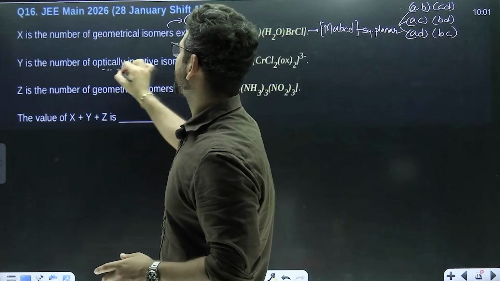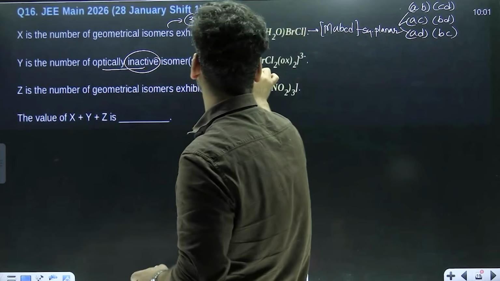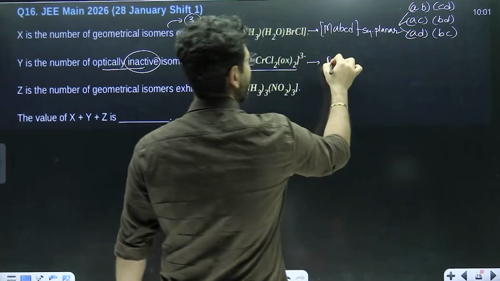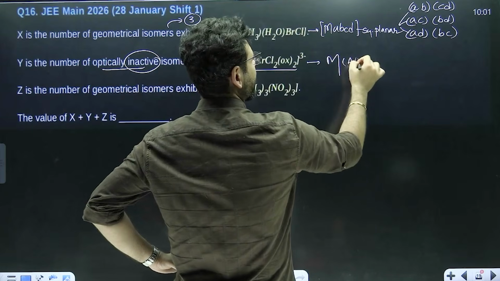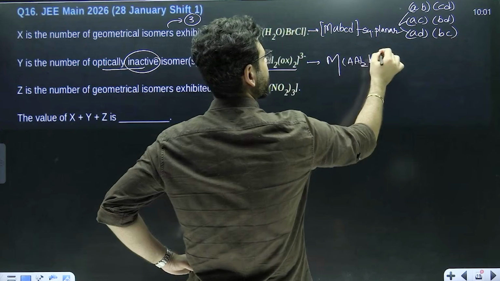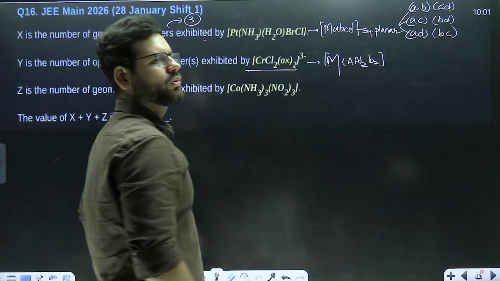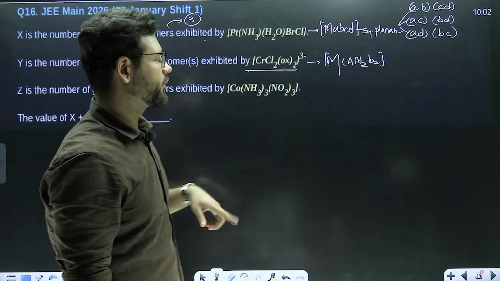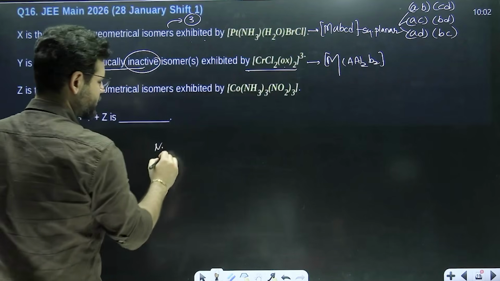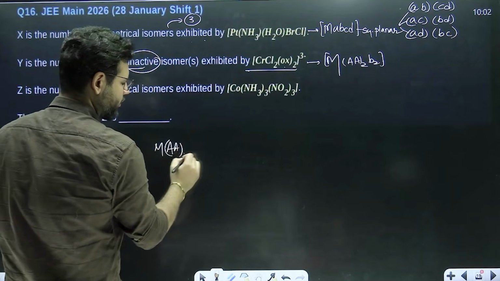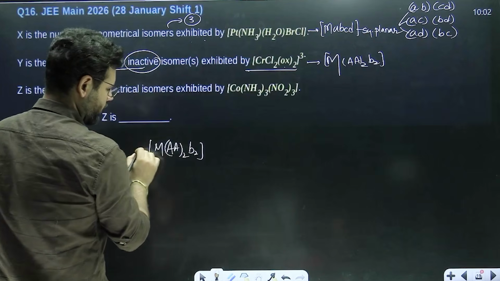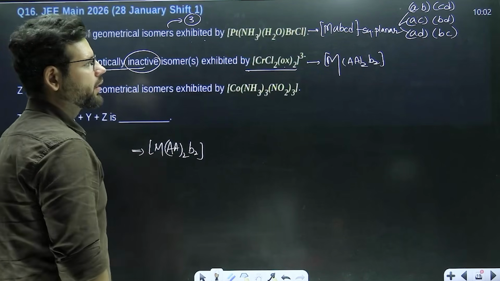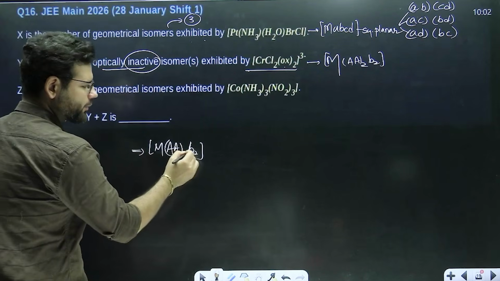Y is the number of optically inactive isomers of this compound. This compound is written here as M, AA twice, B2. There are 2 symmetrical bidentate ligands and 2 monodentate. Very important complex, one of the famous complexes, one of the favorite complexes of examiners. In this, there are 2 GIs possible, you should remember.